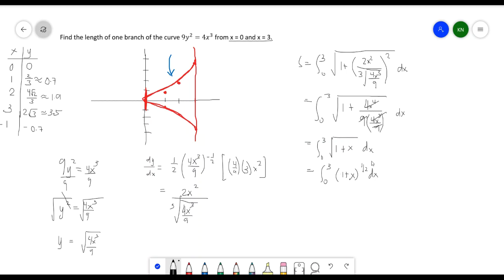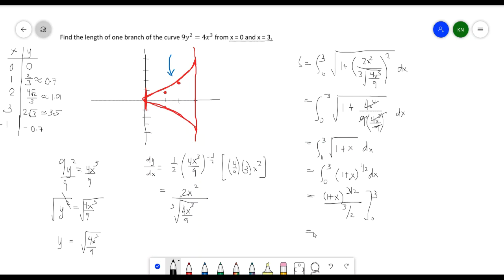Now, as we all know, we can already use the power formula for this one. So the integral of our integrand is 1 plus x raised to 3/2 all over 3/2, from 0 to 3.